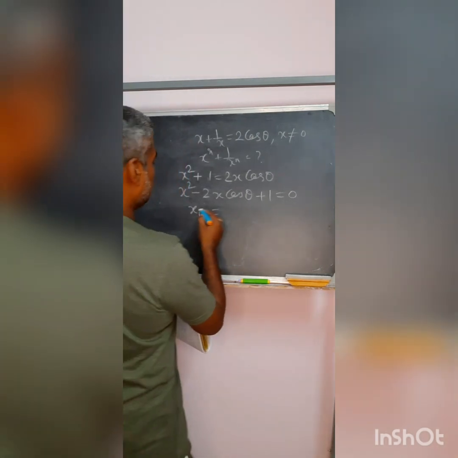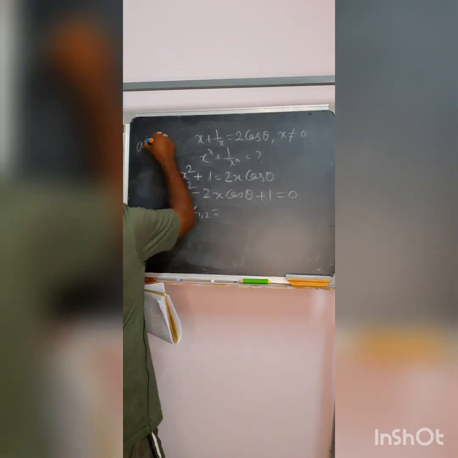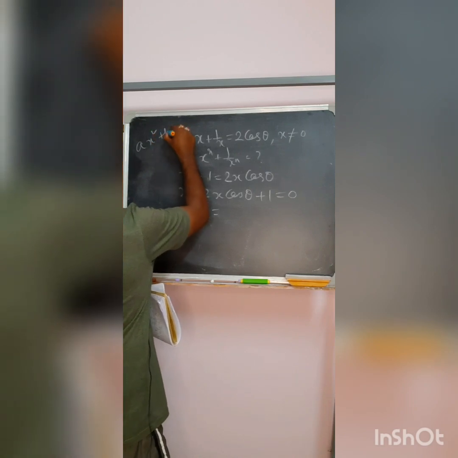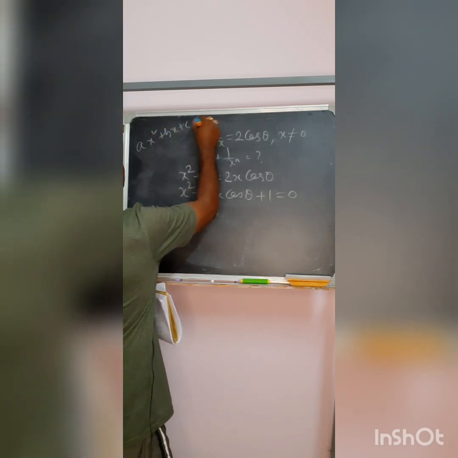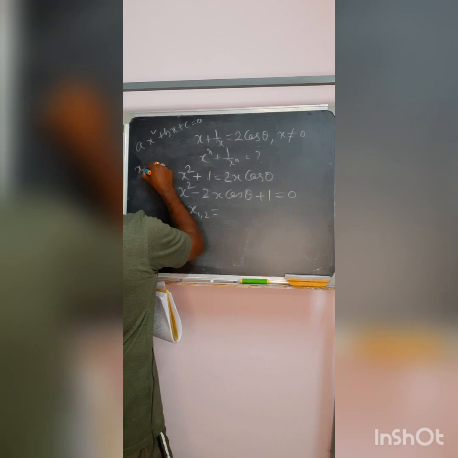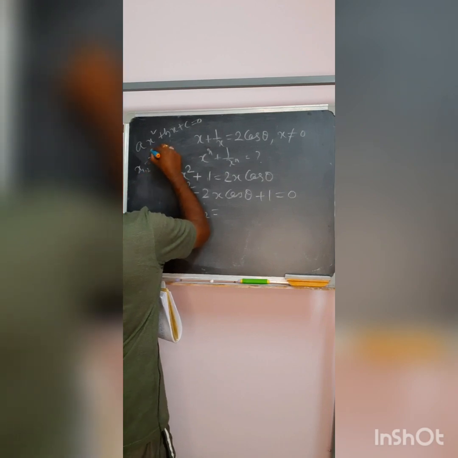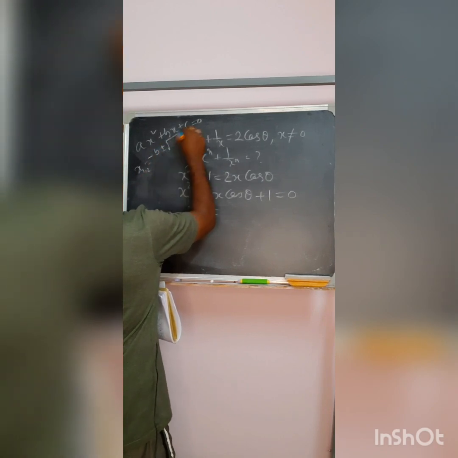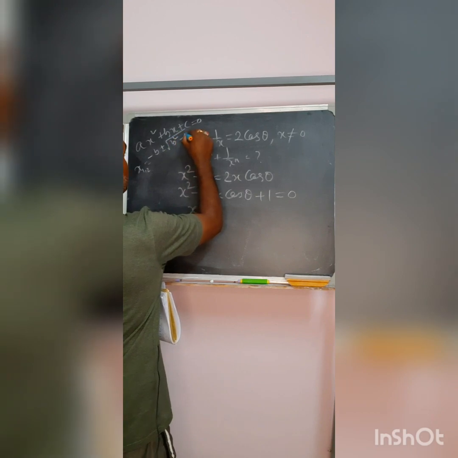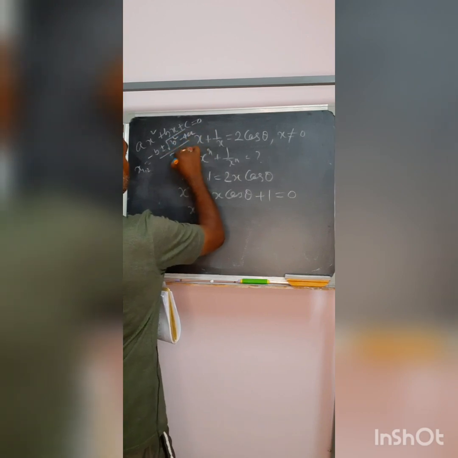You know that if a quadratic is x squared plus bx plus c equal to 0, the roots are minus b plus minus root over b squared minus 4ac, upon 2a.